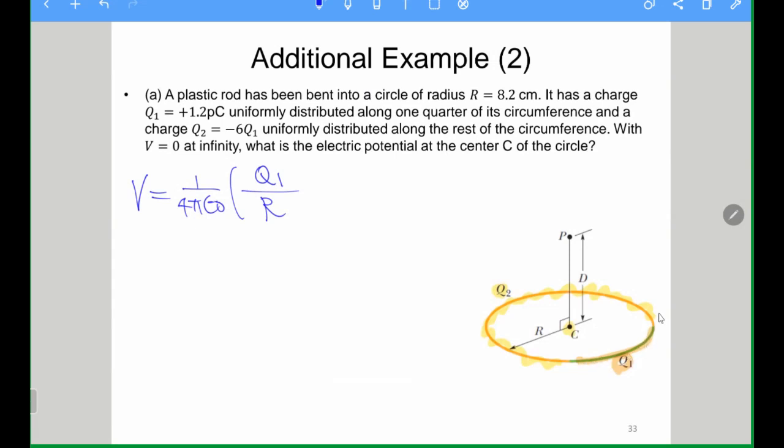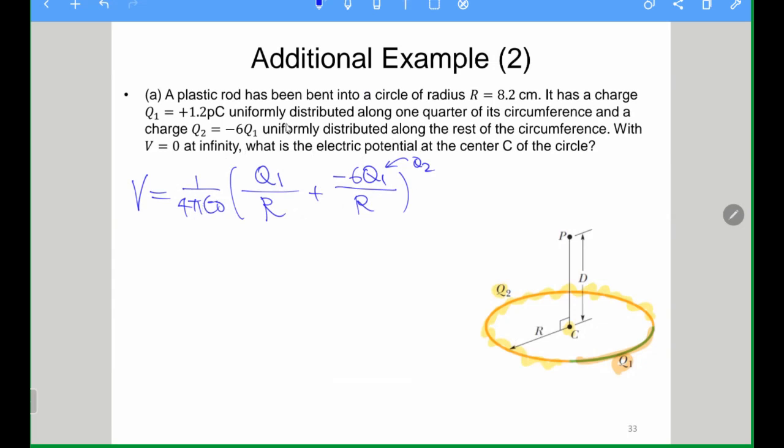And then for that part, it is negative 6 Q1, and this is actually Q2, also over capital R. It also tells you it is uniformly distributed, but even if it is not, the expression will be the same. And of course, if it is uniformly distributed, it is also possible to calculate the E field, but it is quite complicated, honestly, at least much more complicated than this one.